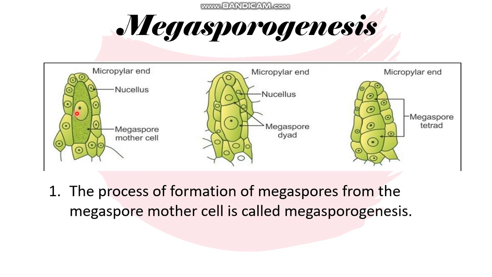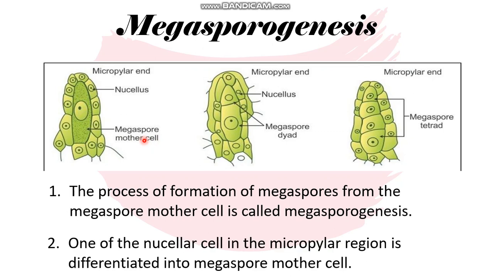This is the nucleus of the megaspore mother cell, which is diploid. Since angiosperms are sporophytes, and sporophytes are diploid, the megaspore mother cell undergoes meiosis. One of the nucellar cells in the micropylar region differentiates and forms the megaspore mother cell.